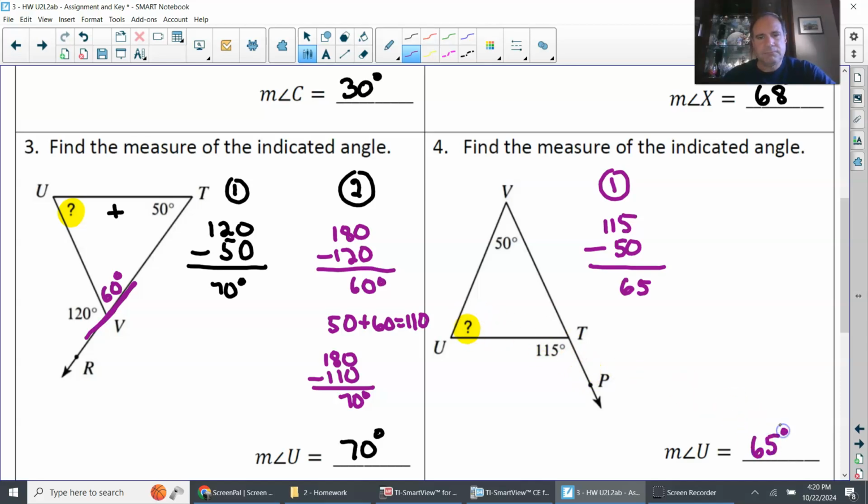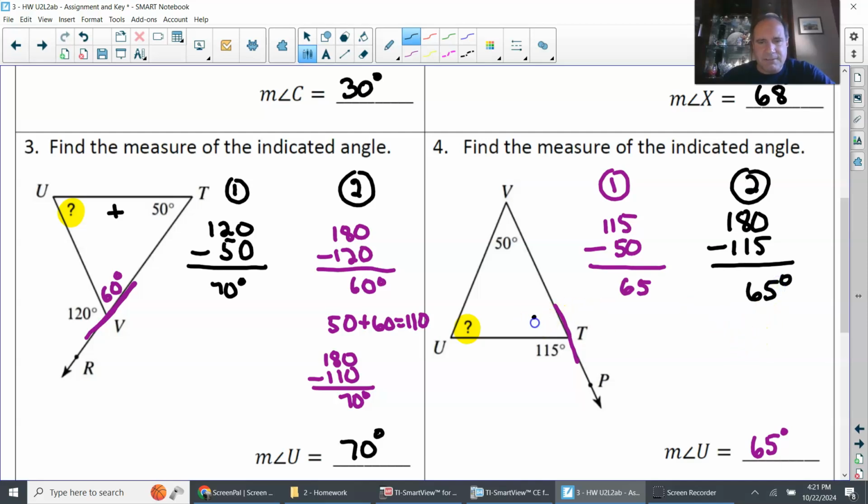Or you can go ahead and see right here that this is a straight line. All straight lines equal 180 degrees. So I'm just going to go 180 minus 115, and I would have 65 degrees.